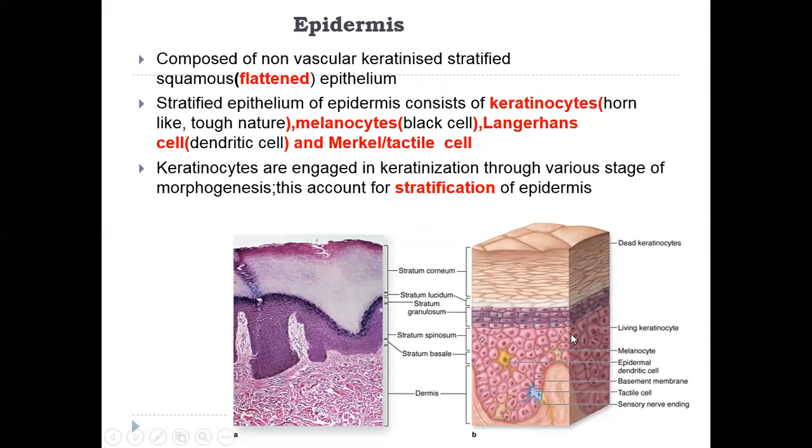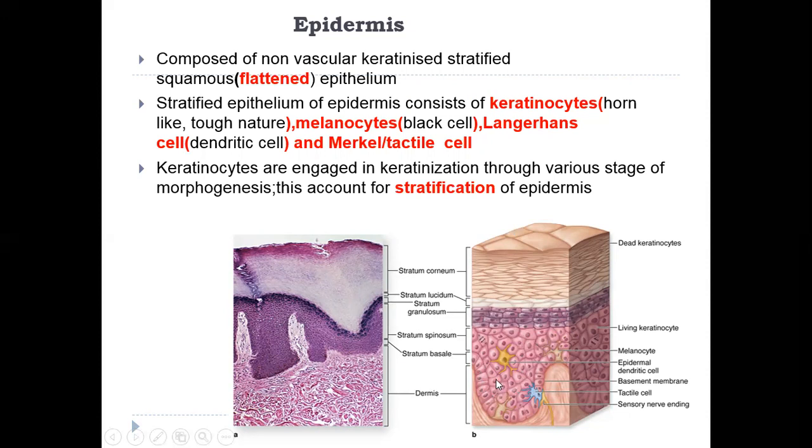Now this epithelium contains two types of cells. The first one, being larger in number, more in number, are called keratinocytes. They have keratin, structural protein, inside the cell. So major cells are keratinocytes.